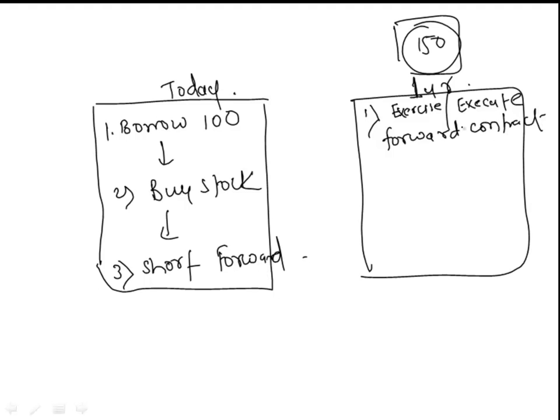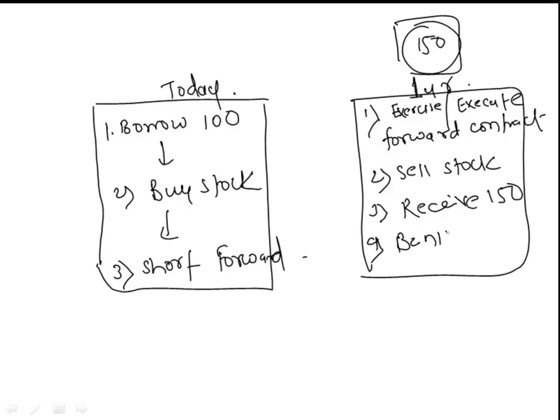If you execute it, you will sell your stock and you will receive 150. But how much will you pay to the bank? To the bank you would be required to pay only 110. So that differential 40 is your arbitrage profit. That means if the price was more than 110, there was an opportunity to make profit.